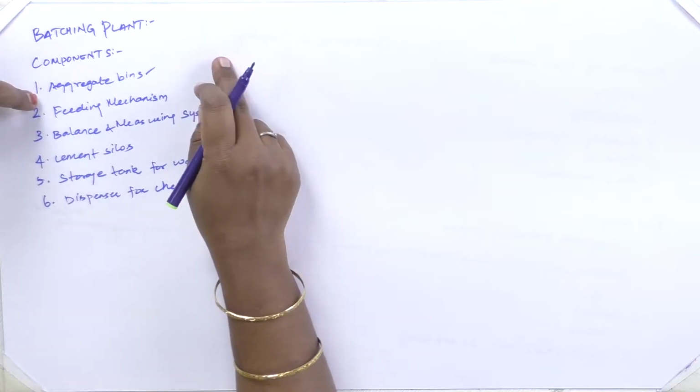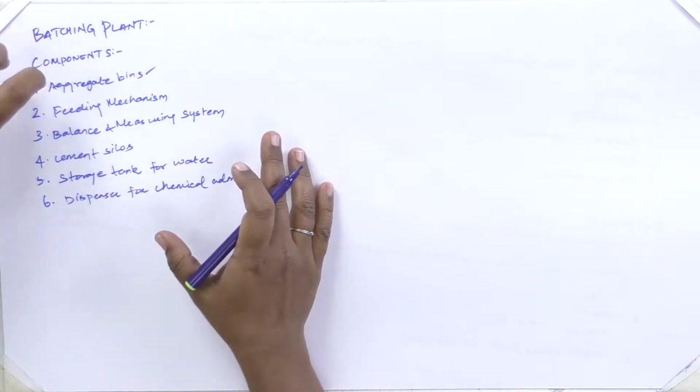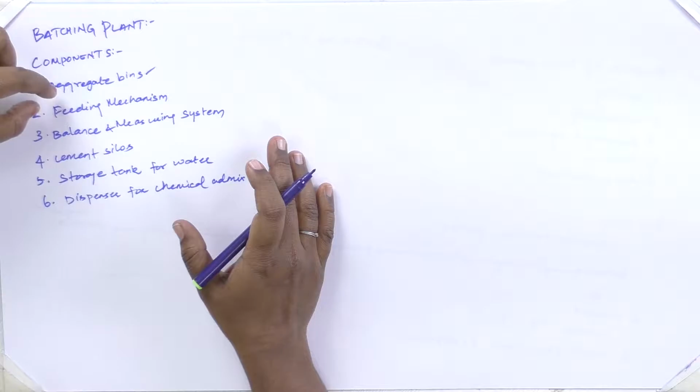Next is the feeding mechanism. This is how the stored aggregates and cement are fed into the mixing area. How the aggregates of required quantity are selected from the bins and how the cement of required quantity comes through the silos is through this feeding mechanism.